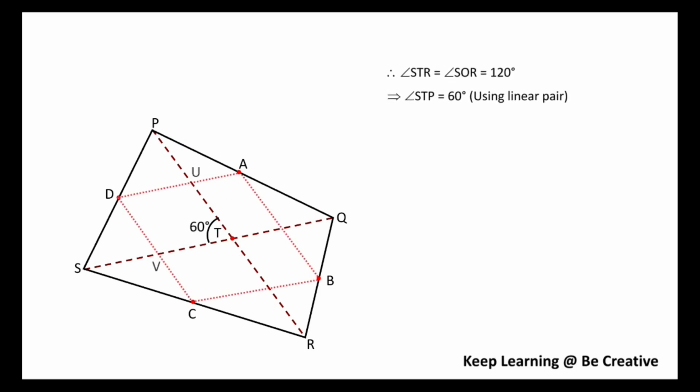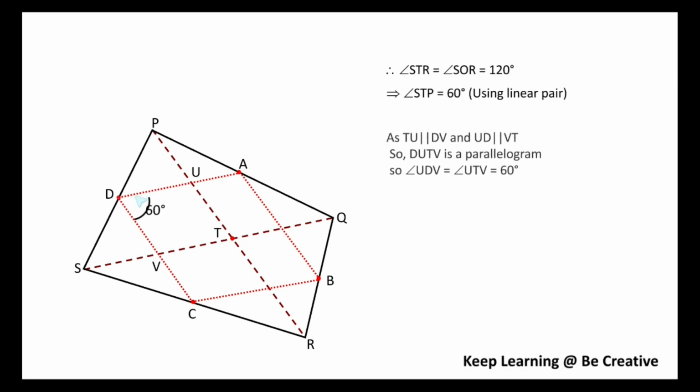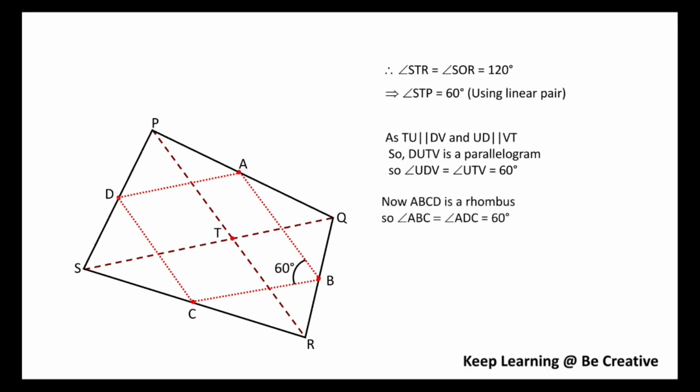Now if this angle is 60 degrees, then if you remember this rhombus, as TU is parallel to DV and UD is parallel to VT, this will form a small parallelogram, and by this I can say that angle UDV is 60 degrees. Now if this angle is 60 degrees and ABCD is a rhombus, then angle ABC will also be 60 degrees, as opposite angles of a rhombus are equal.